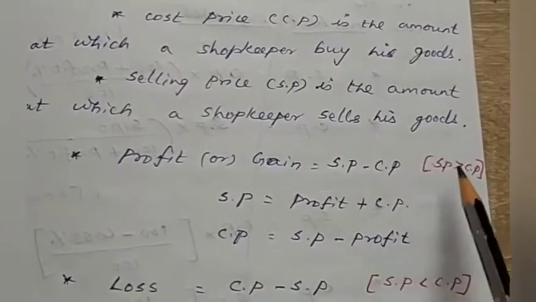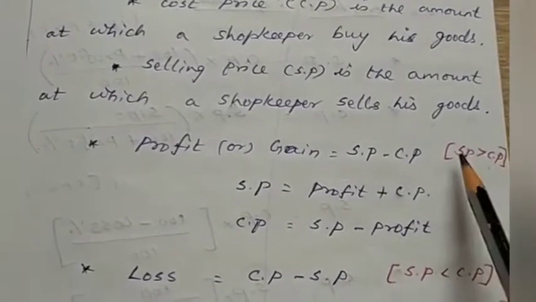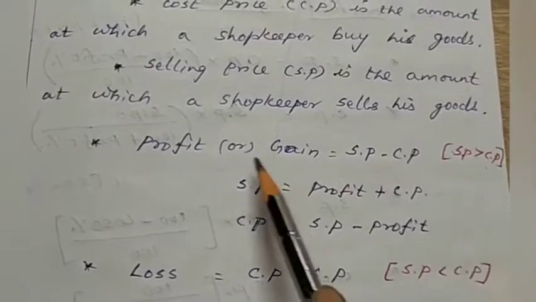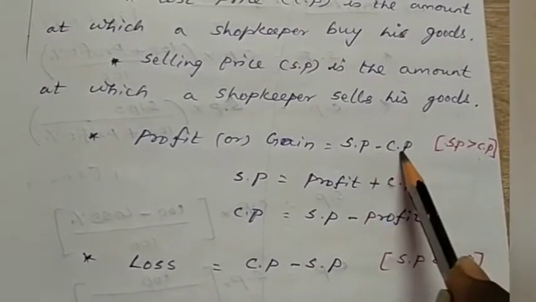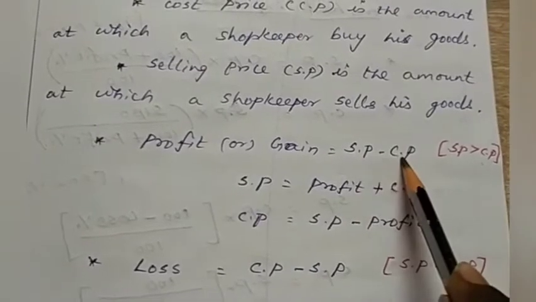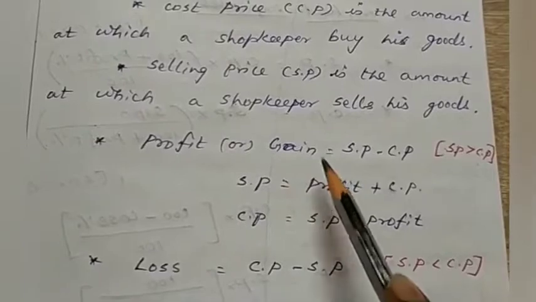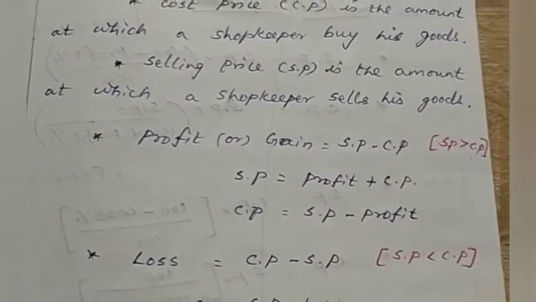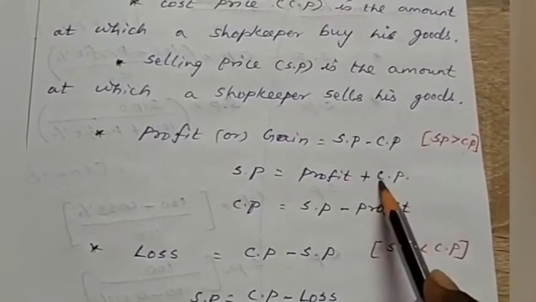Profit means selling price is greater than cost price. Profit or gain is equal to selling price minus cost price. To find the selling price, when profit and cost price are given, selling price is equal to profit plus cost price.